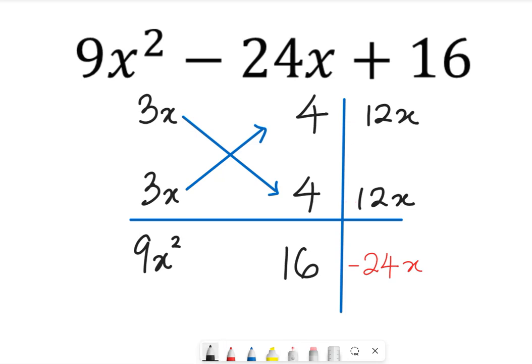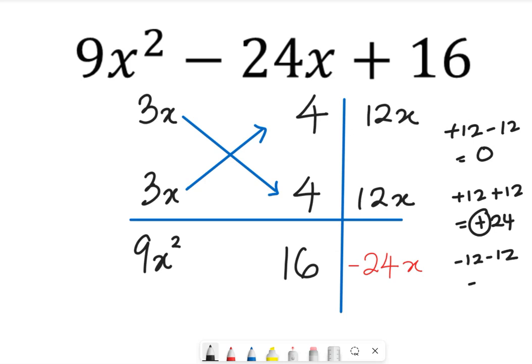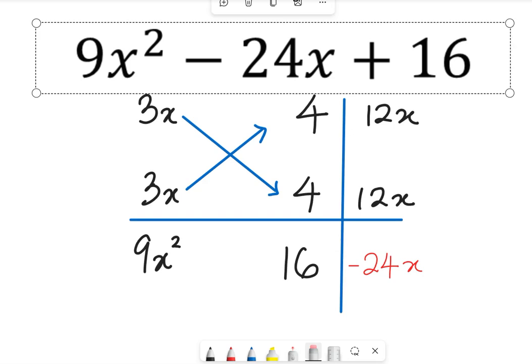Sebab kalau positif 12 dengan negatif 12 dapat sifar, right? If one is positive and one is negative, you'll get 0. So if I put both as positive 12, I would get a positive 24. So this symbol will not match because I want a negative. So to get a negative 24, I need a negative 12 and a negative 12. So this is what you need to think about.